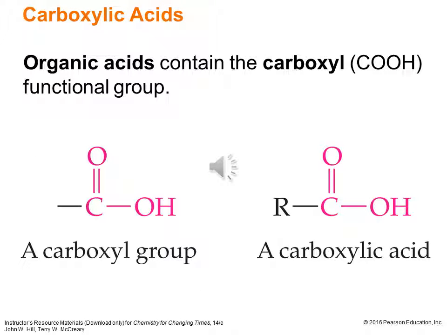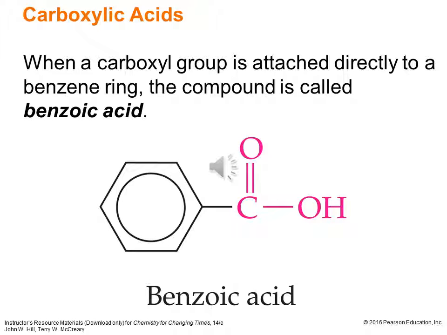Okay, our last few functional groups now, carboxylic acids. Carboxylic acids are organic acids that contain this carboxyl group. So C double bond O and then C single bond to OH. And then that carbon can be bonded to another carbon group or just a hydrogen, depending on the specifics. So here's an example where that R group is a benzene ring.